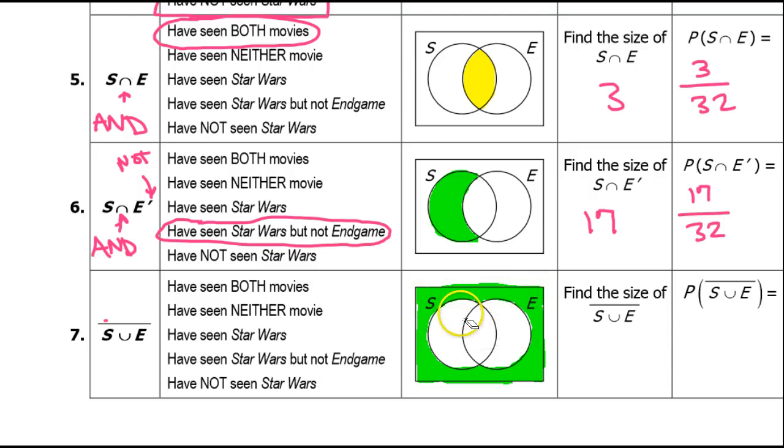All right, and again, looking at the shading on that Venn diagram will help you visualize how I might word this, because students that are out here have not seen either movie. All right, they've seen neither Star Wars nor Endgame. So these are students that have seen neither movie.